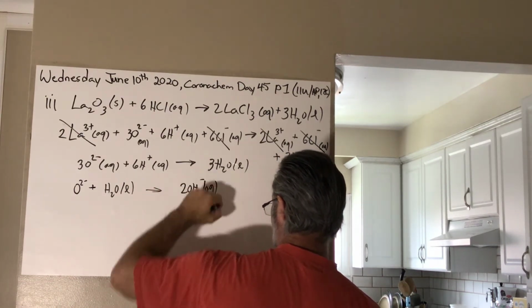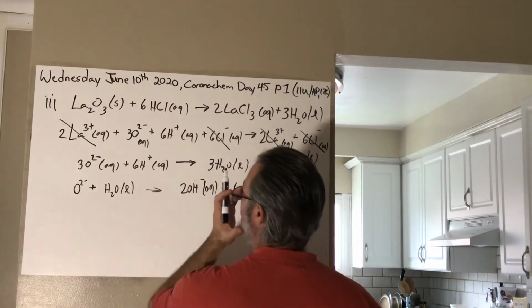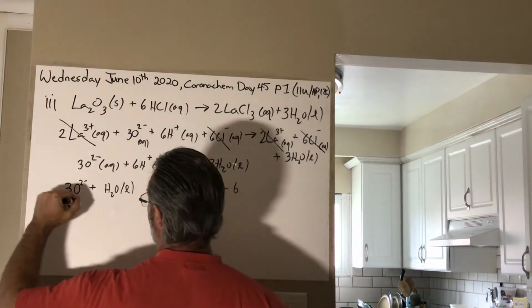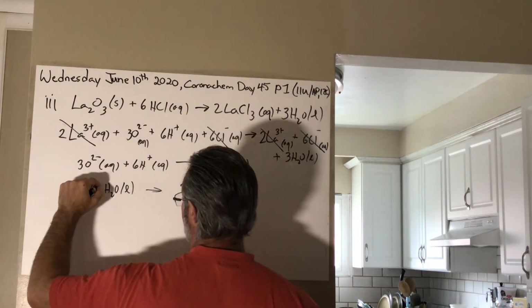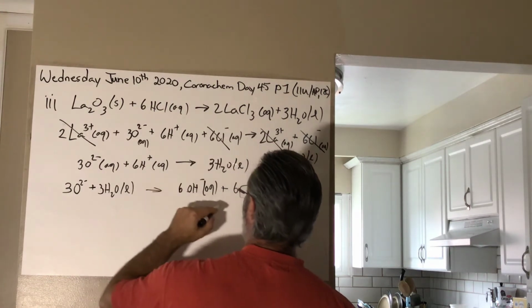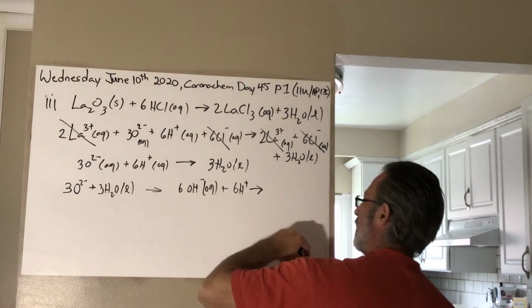And then the 2 hydroxides that are in solution are going to react with the 6 protons. We had 3 oxides, so we're going to have 3 oxides reacting with obviously 3 waters. So you're going to get 6 hydroxides, and then that's going to react with the 6 protons, and you're going to get 3 waters.